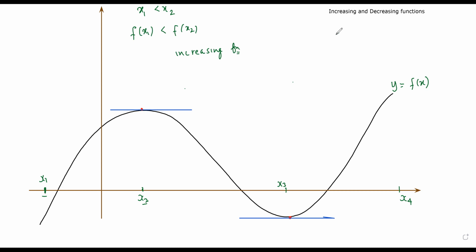But if x1 is less than x2 and f(x1) is greater than f(x2), that means the value of y at x1 is more than the value of y at x2, then in that interval, f(x) is a decreasing function.